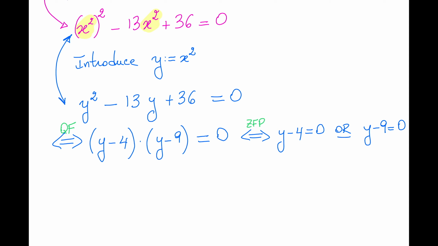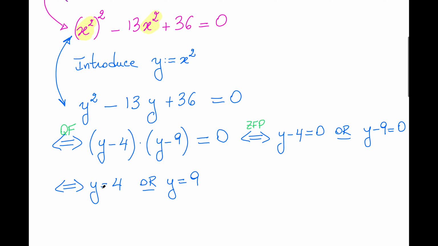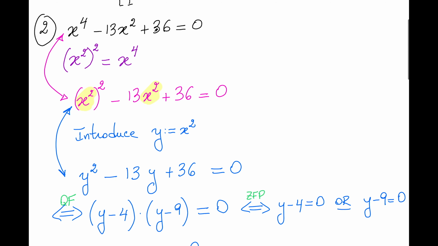So this means that y is 4 or y is 9. Agree with this? But this is not the end of it, because y is an auxiliary variable that we introduced to the problem. The problem was given in terms of x, the black equation.